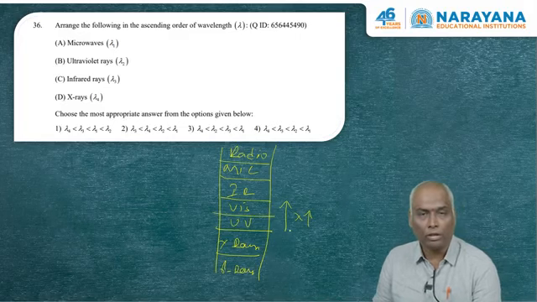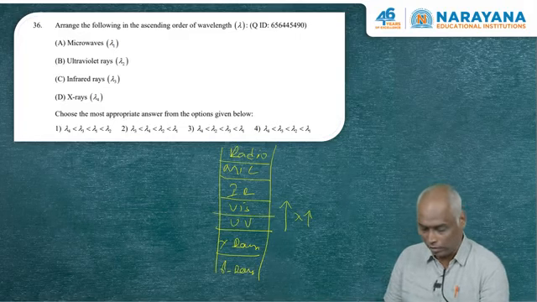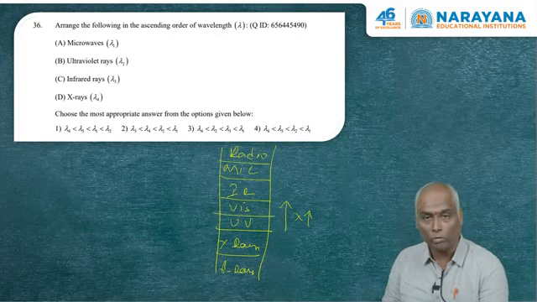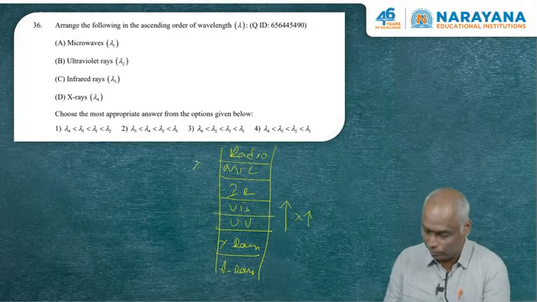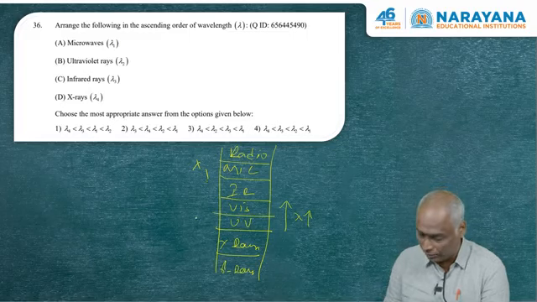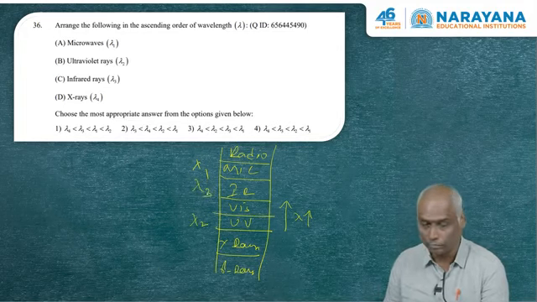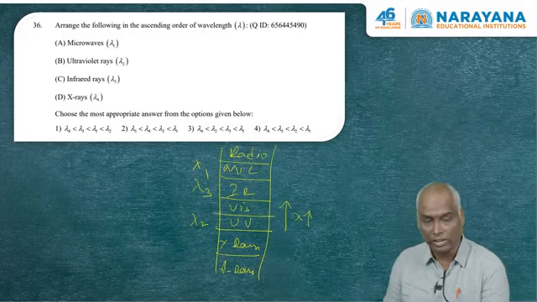Now here, we have to consider the wavelengths. Microwaves is lambda 1. Next, UV is given as lambda 2. Next one, infrared is given as lambda 3. And the last one is X-rays, which is lambda 4.